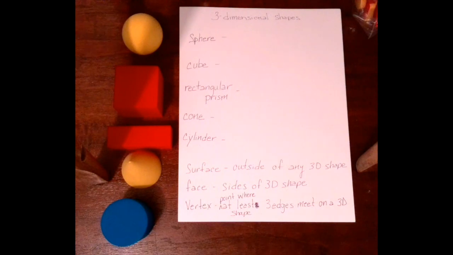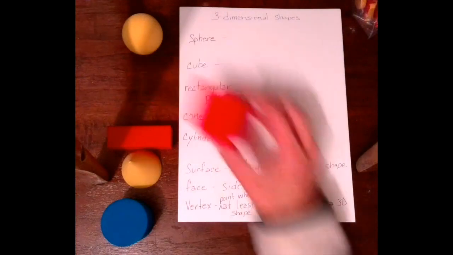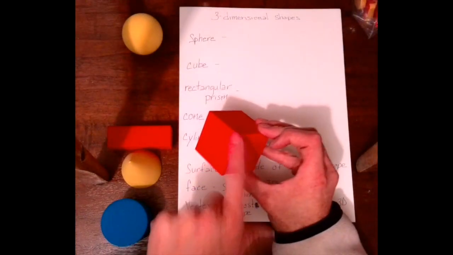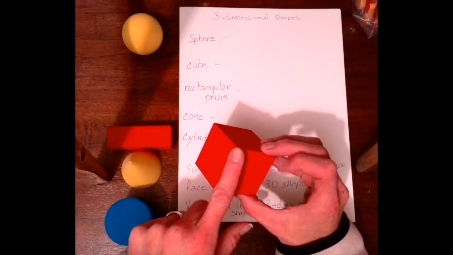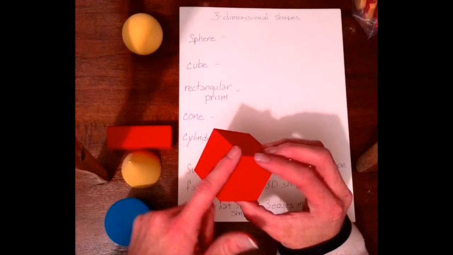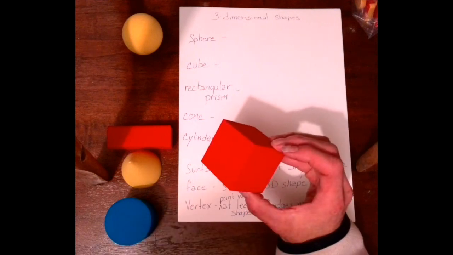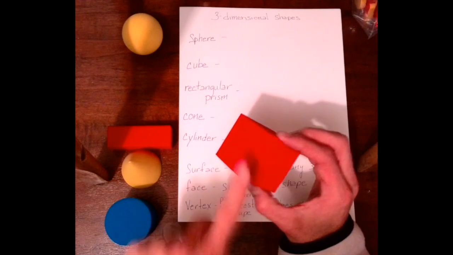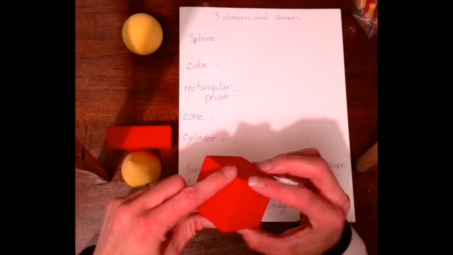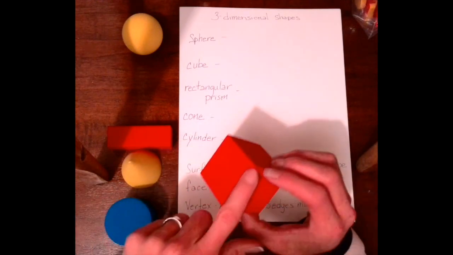Now let's talk about the vertex. The vertex on a 3-dimensional shape is where at least 3 edges meet. If you were looking at the vertex on this shape, at least 3 edges meet: 1, 2, 3. This is the edge, and where at least 3 edges meet, that's the vertex.